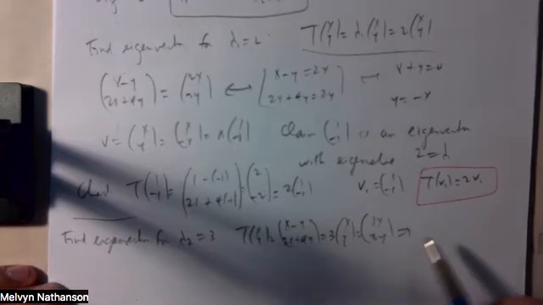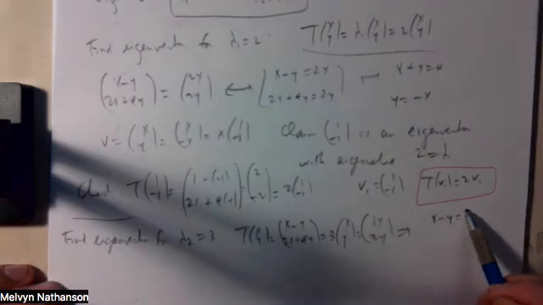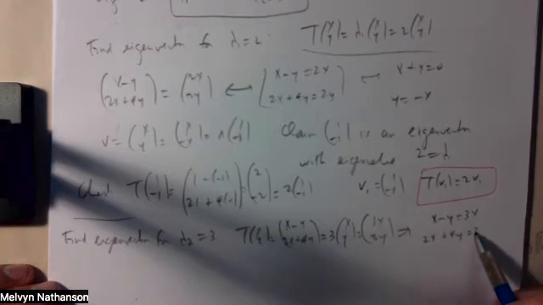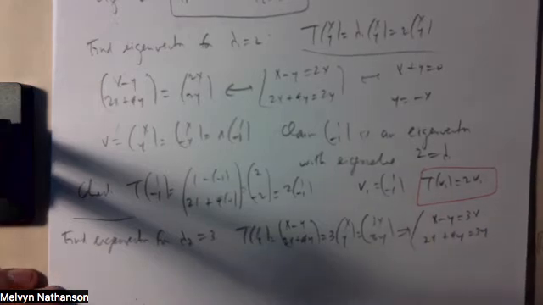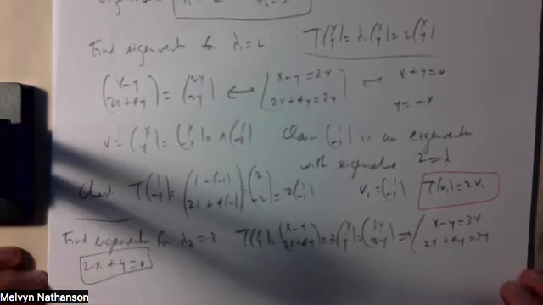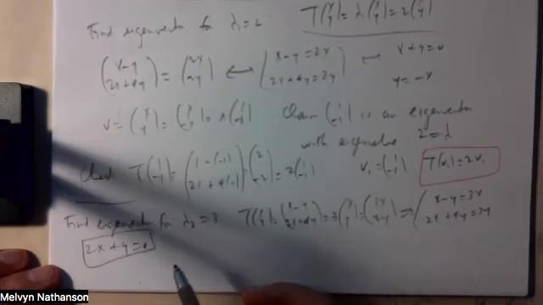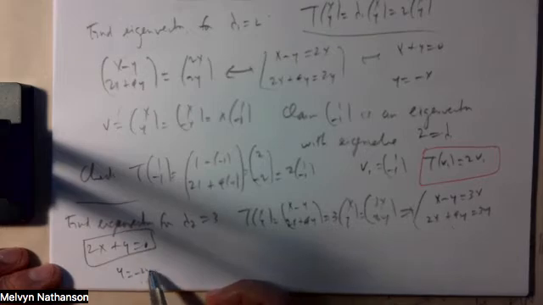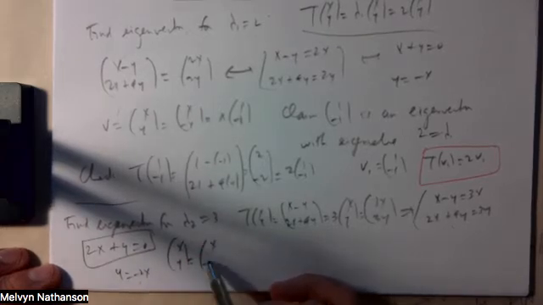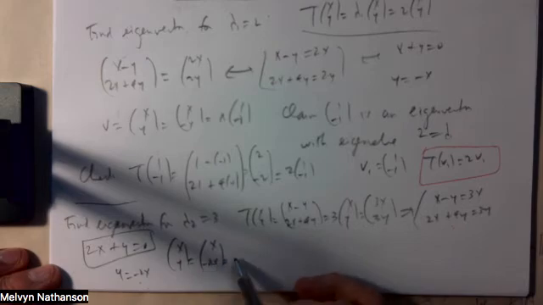That means I have to solve the equations x minus y equals 3x, 2x plus 4y equals 3y. The first equation is equivalent to 2x plus y equals 0, and so is the second equation. So y has to be minus 2x. So if you take a vector xy where y is minus 2x, this is just some scalar multiple of 1 minus 2.